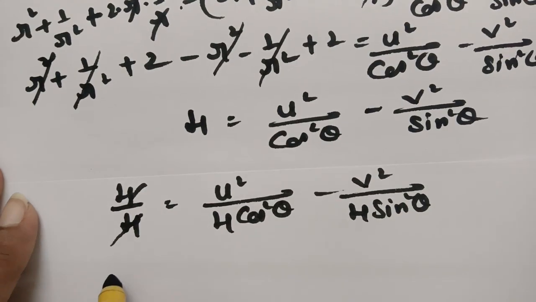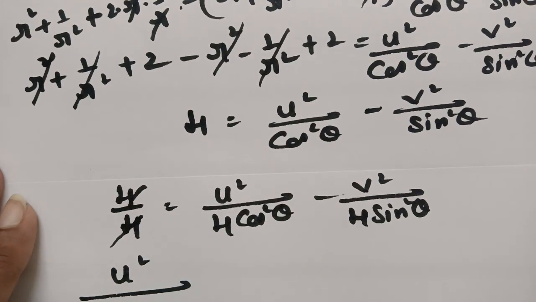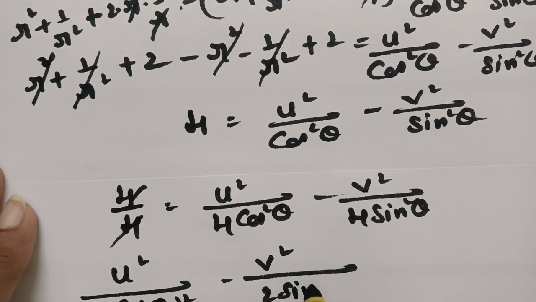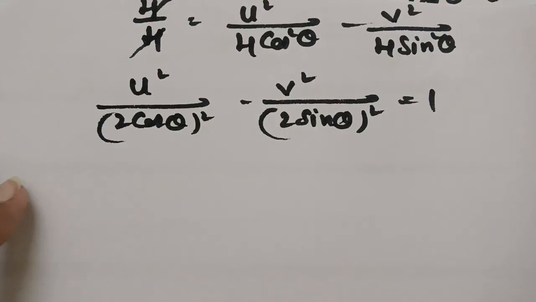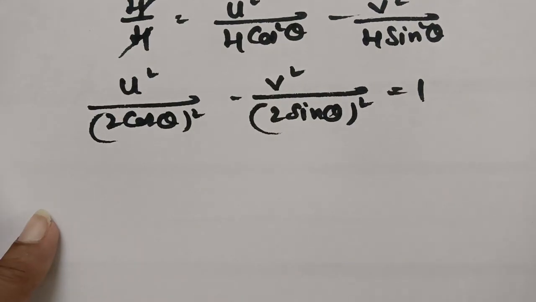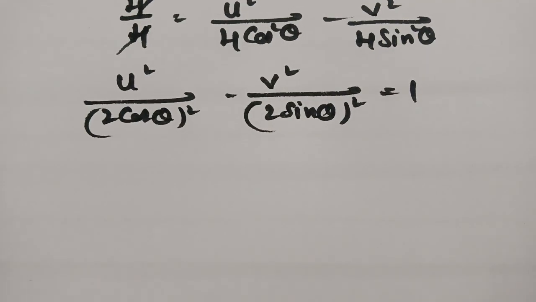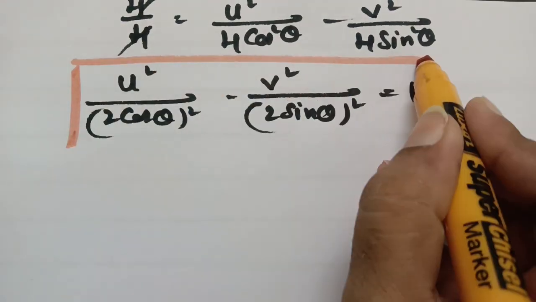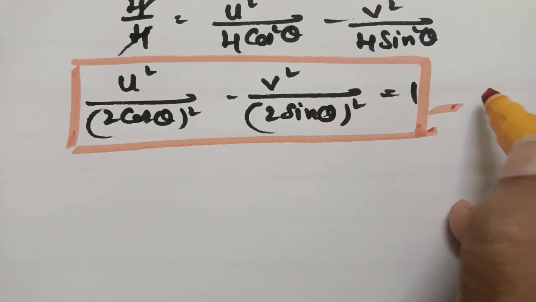If I cancel this, this will be u square by 2 cos theta whole square minus v square by 2 sin theta whole square is equal to 1, which is nothing but a hyperbola. So we got a hyperbola, and this is also very, very important. This is equation B.